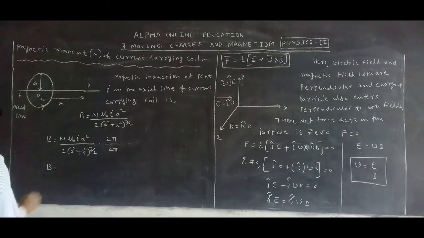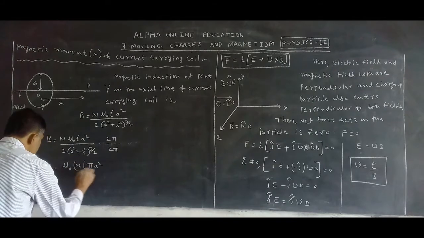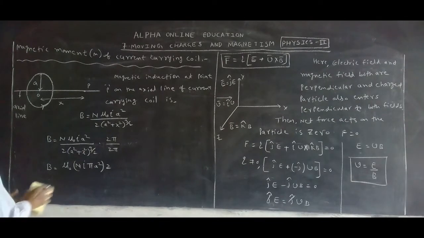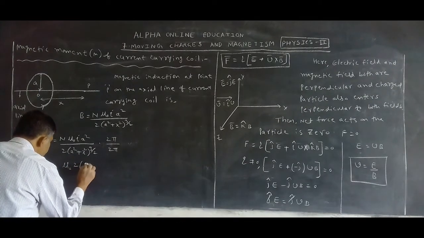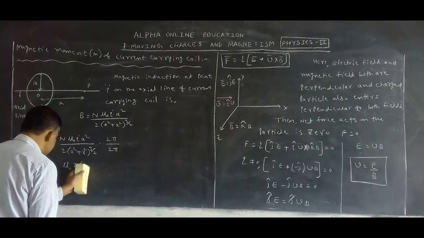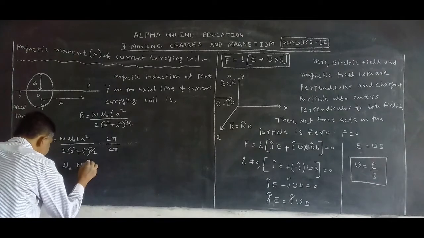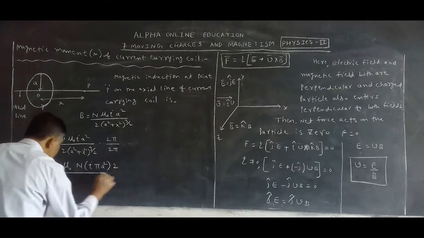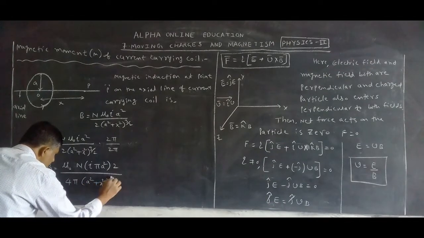B = mu 0 n I pi A square into 2, otherwise like this: B = mu 0 by 4 pi, into 2 n I pi A square by (A square + X square) whole power 3 by 2.